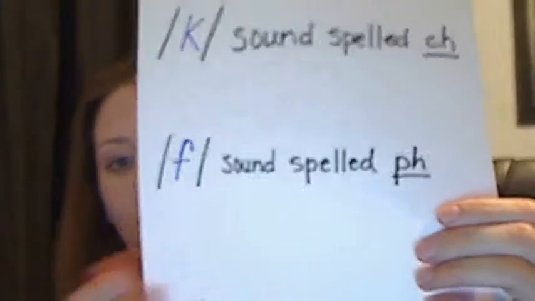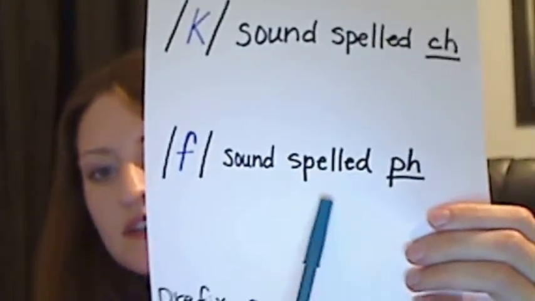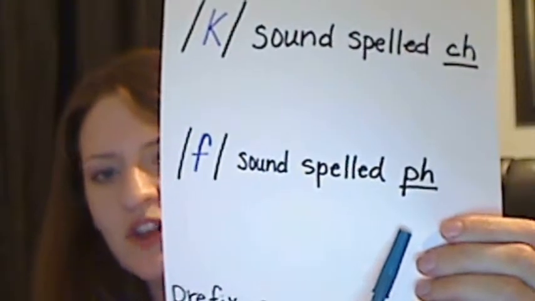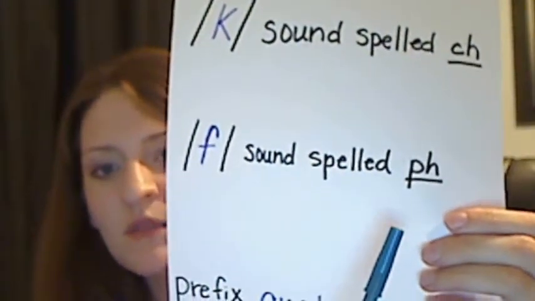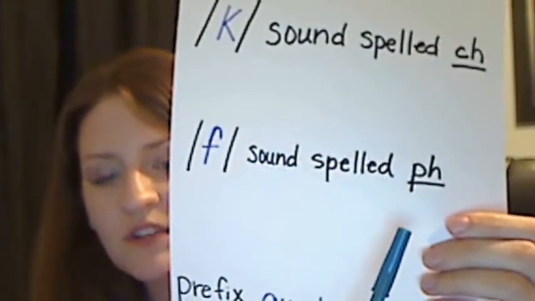see if you can see that a little better, is the PH, spelled PH, but it has the f sound, or the sound that F makes. Now again, when you have the f, that means the sound, but it's spelled PH. Look at your list and see if you can find any words that make the f sound but have the PH spelling. Okay.